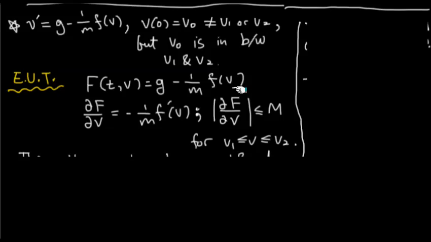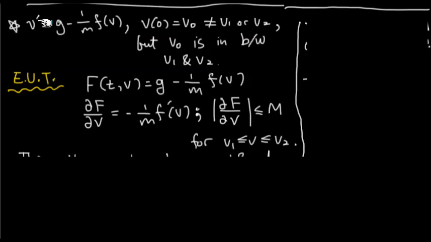The derivative of that one with respect to v will be, of course, f prime of v. And in this existence and uniqueness theorem, they calculate the maximum of this value. Okay? So here there's no t, so it's only about this v value, between v1 and v2.